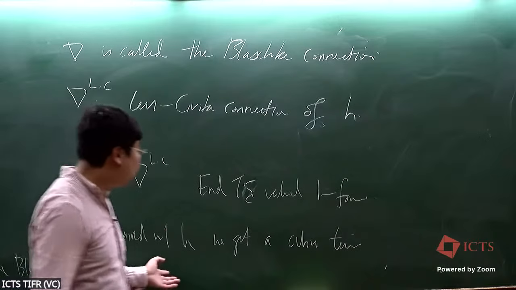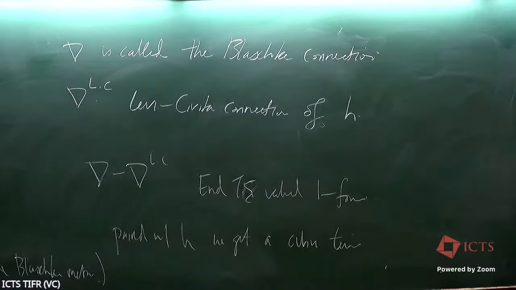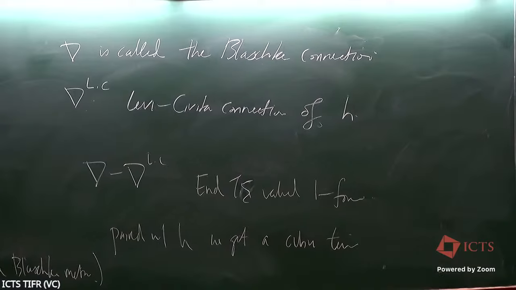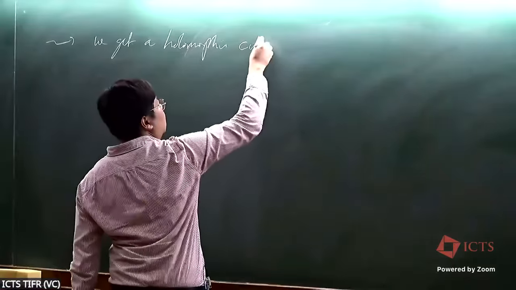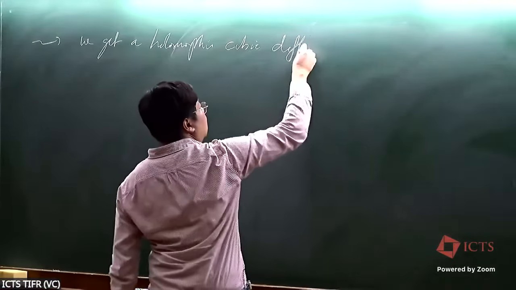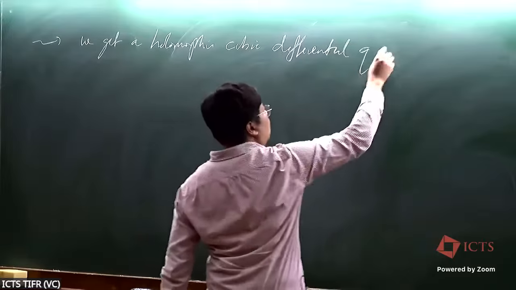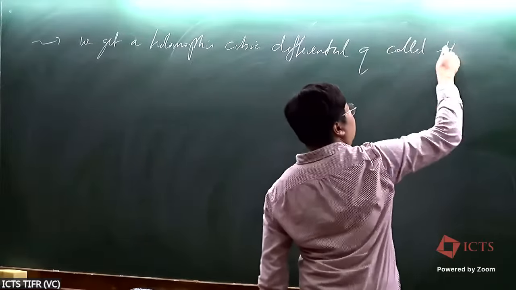And it turns out that this tensor is maybe twice the real part of a holomorphic cubic differential, the so-called Pick differential that Mike mentioned. So what we get is a holomorphic cubic differential Q called the Pick differential.